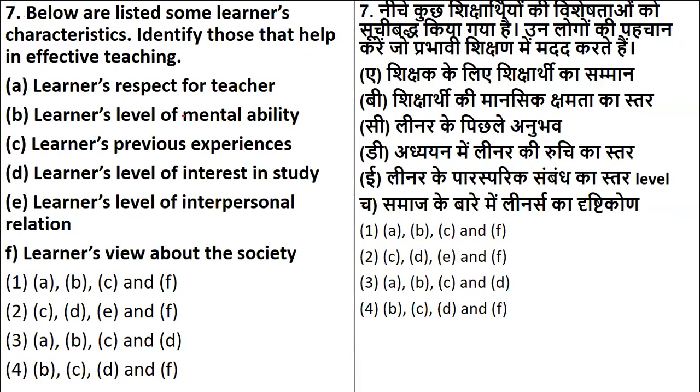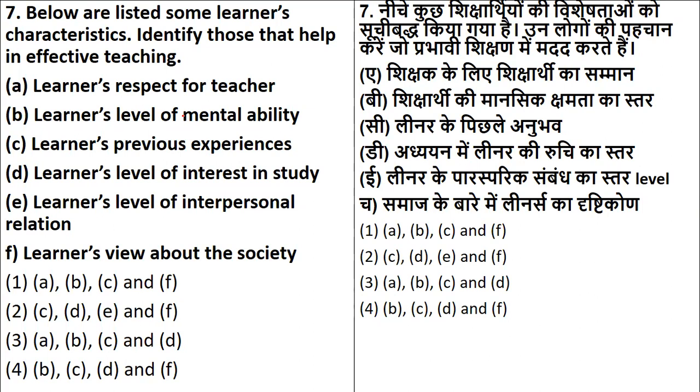Coming to the next: below are the listed characteristics of learners, which will help them in effective teaching. So, from the given characteristics, which will help the learners in effective teaching? Learners' respect for teacher, learners' level of mental ability, learners' previous experience, learners' interest level in the study, interpersonal relationship, or learners' view about the society.